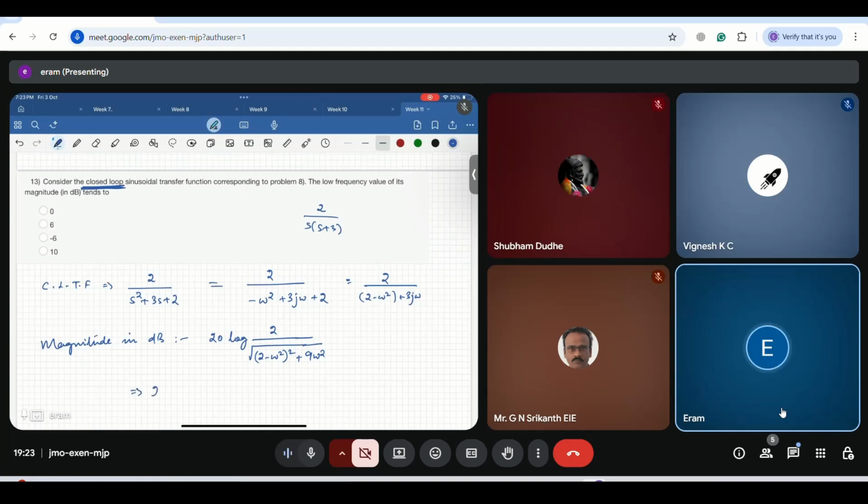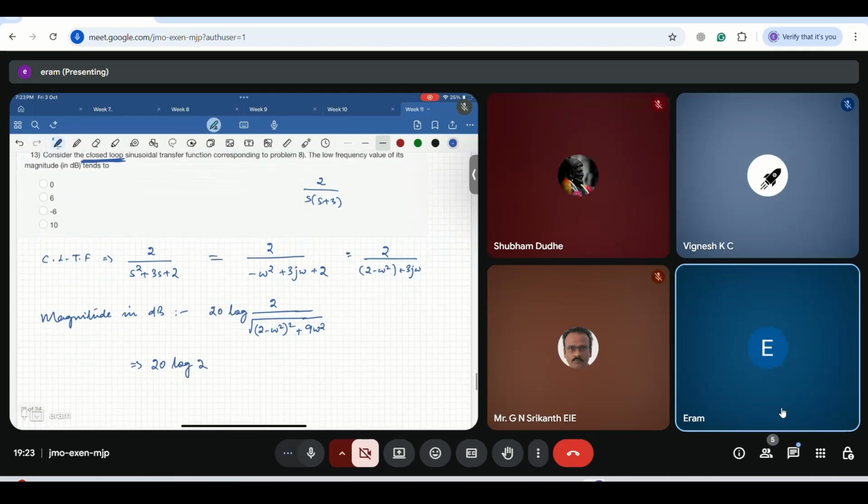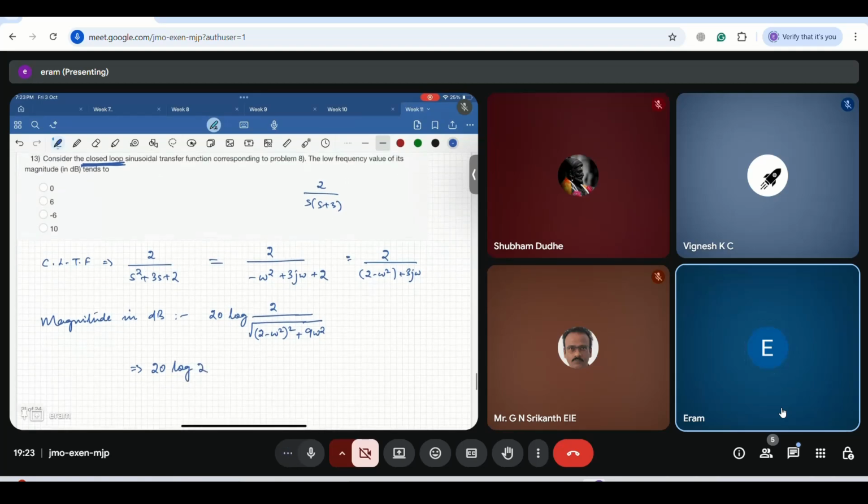Now put omega tends to 0. It's very simple.